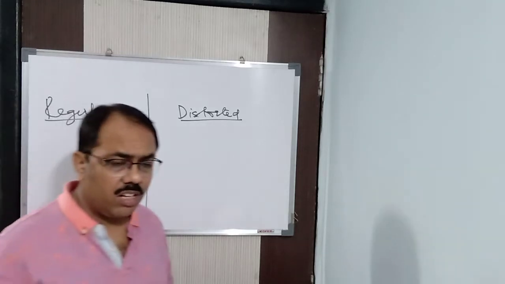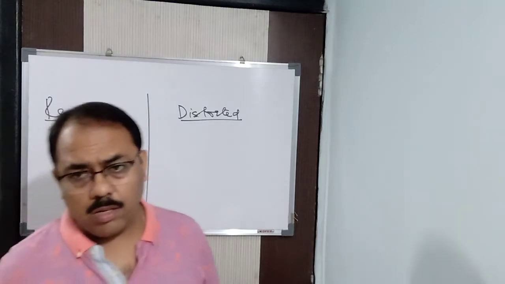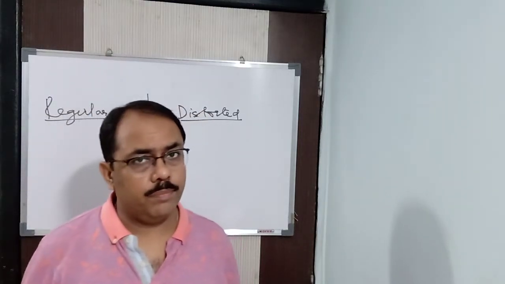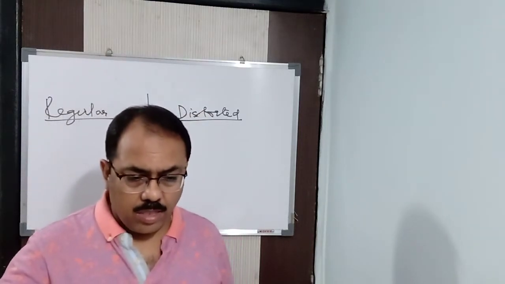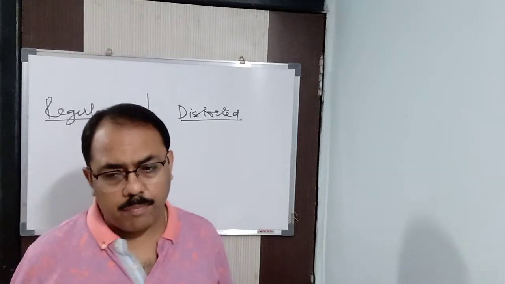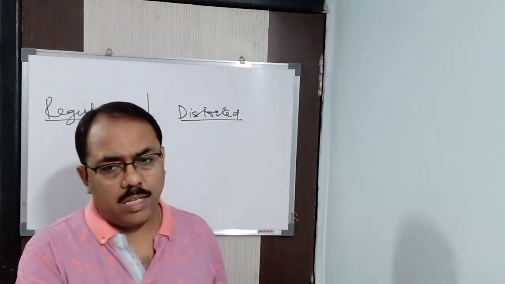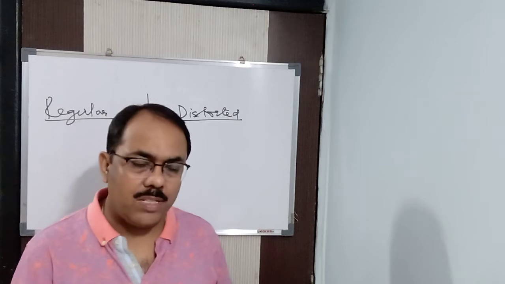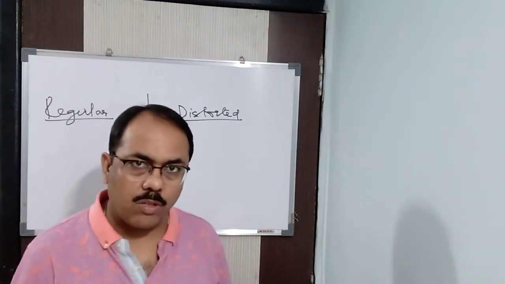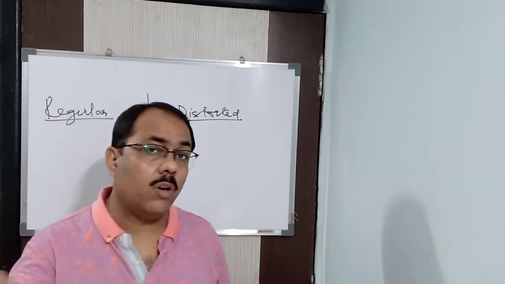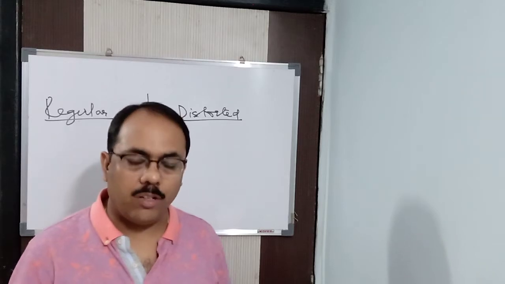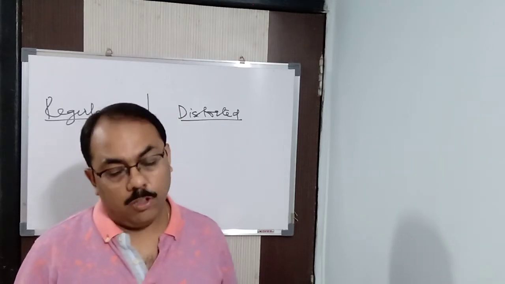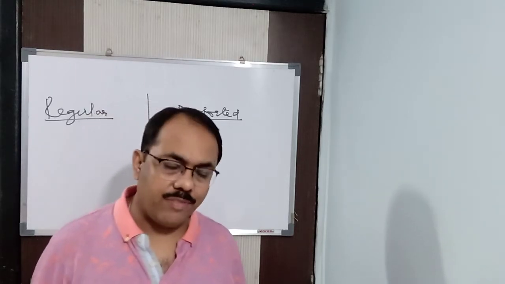Regular means which has a definite shape, clear? Distorted means it has a shape but not the actual shape of the molecule, it has some other shape compared to that particular bond angle. Let me simplify it further.